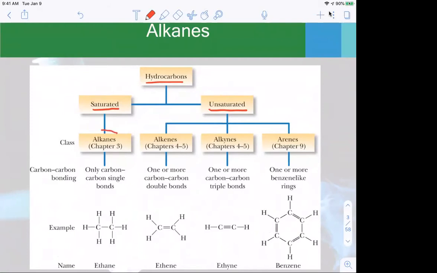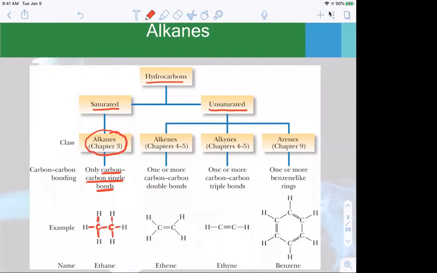We're going to focus right now in Chapter 3 on alkanes and cycloalkanes. So remember, the key feature is I have only carbon-carbon single bonds. Every single valence on this carbon is actually filled with a single bond.